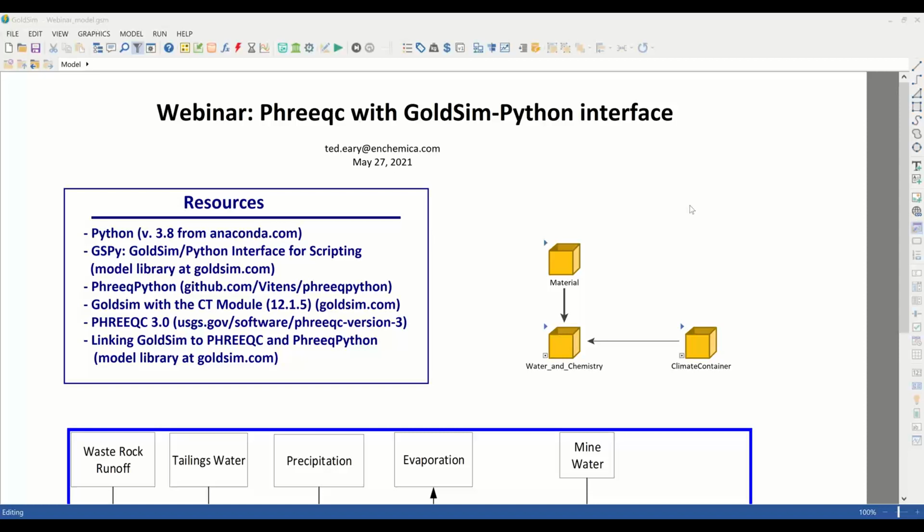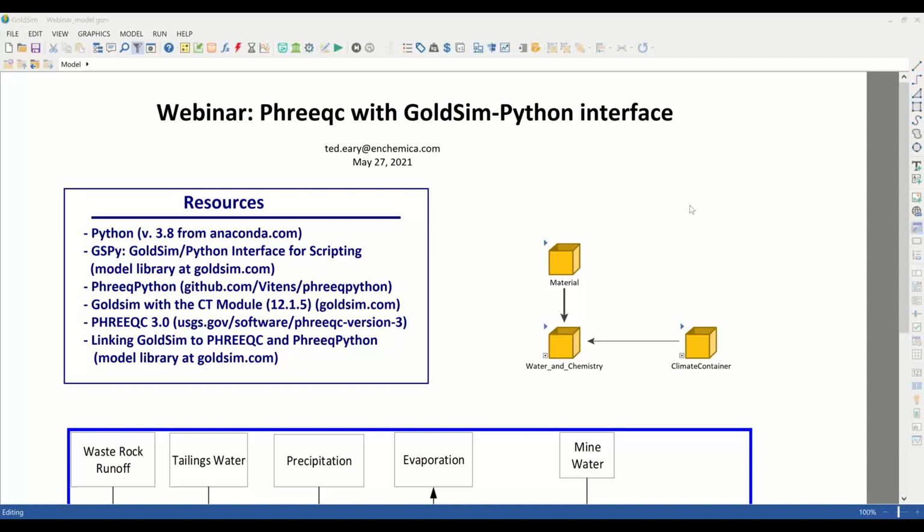Also at the model library, there is an example which was uploaded last winter after I was working on this approach. Jason and I worked together somewhat on that, and it's now in the model library. So you can download an example of how to do this sort of linkage from that model library.